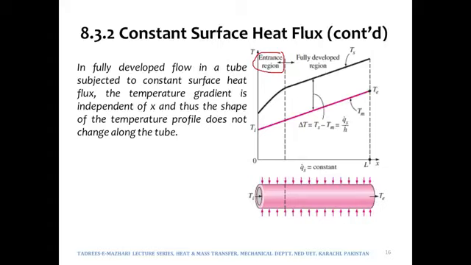Since h is maximum at the inlet, Ts would be a minimum, so that the product of h and Ts minus Tm may remain constant, because on the left hand side we have the surface heat flux Q by A, and on the right hand side we have h multiplied by Ts minus Tm.